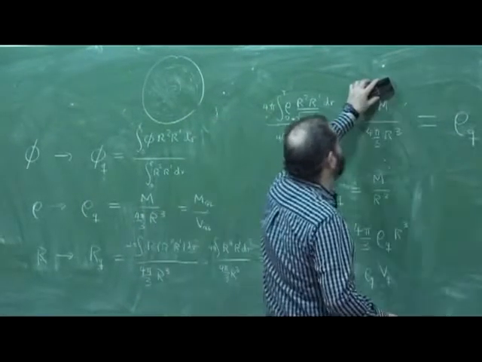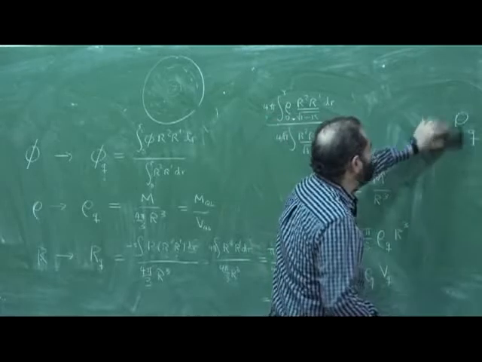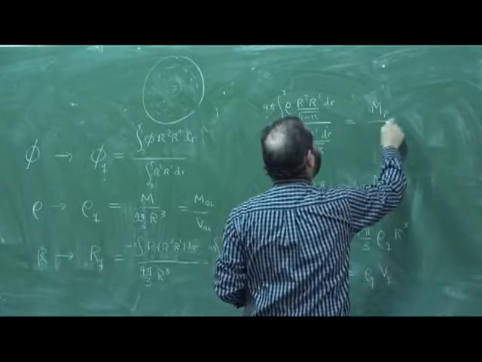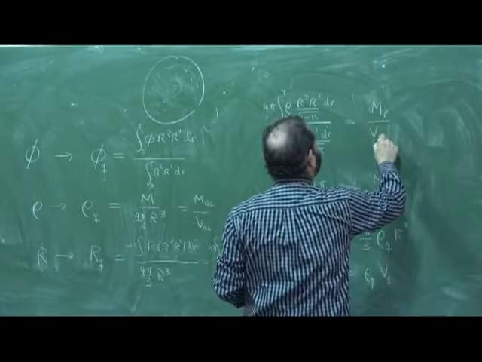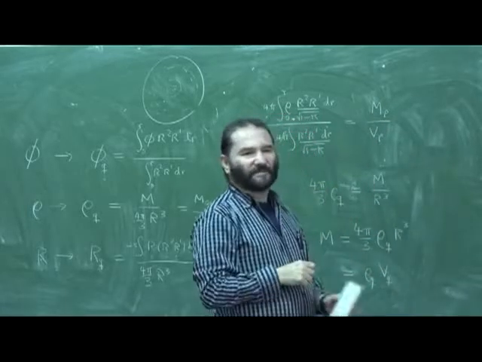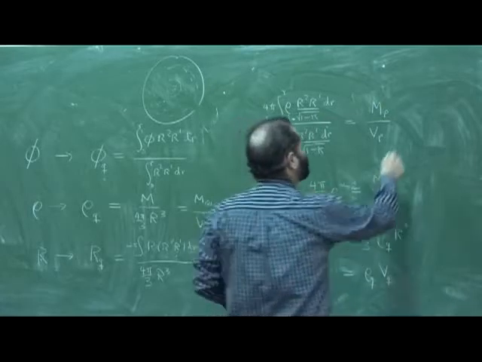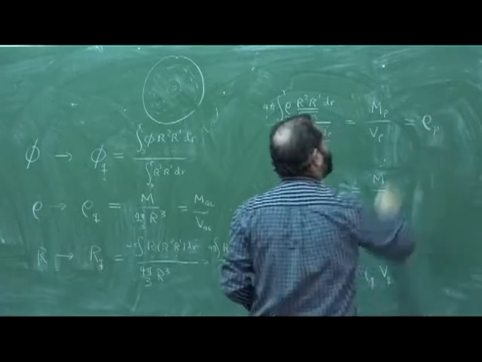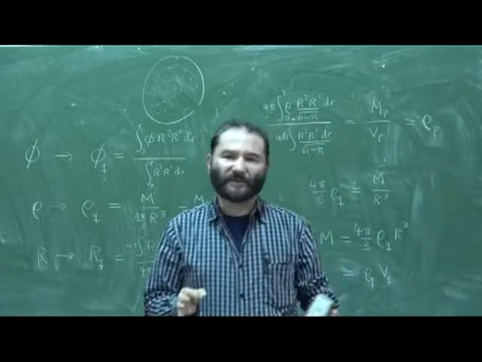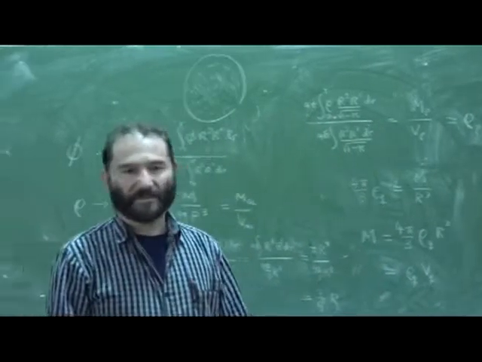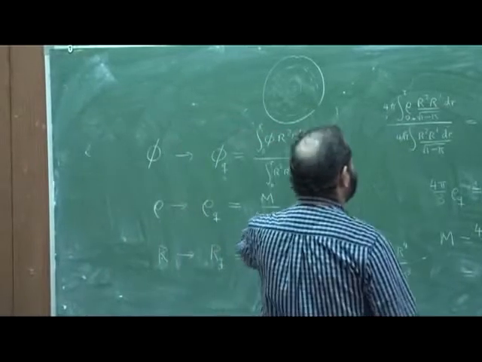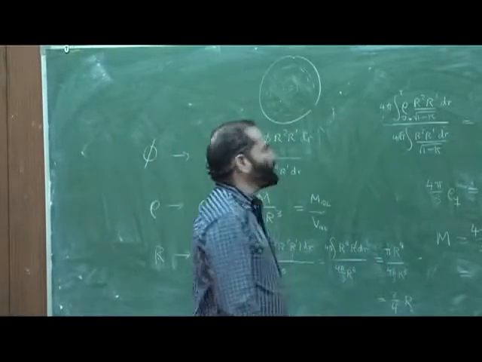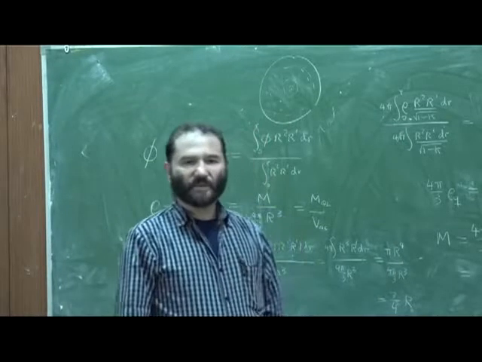The only thing we can say is that this is the proper mass divided by the proper volume. That's all we can say. And then this would be rho_p, the proper average density distribution. But we have no simple analytic form. Here we have a very simple analytic form, right?